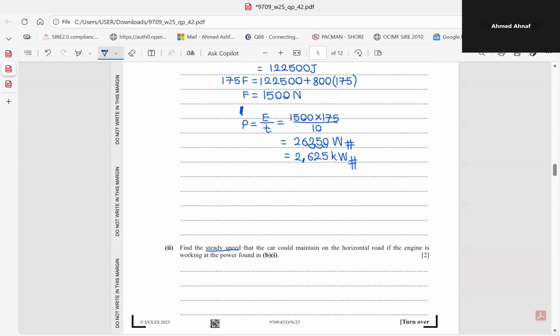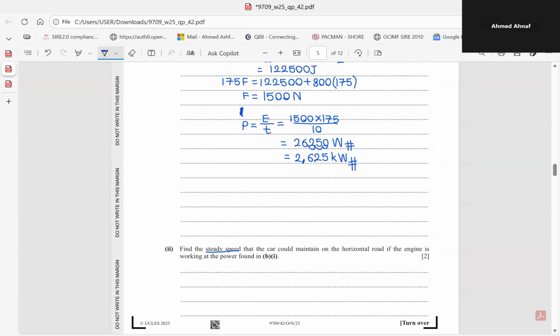So to maintain a steady speed, the force exerted by the engine has to counteract that force. So the engine can exert 800 newtons. That's when we'll reach the steady speed, or constant speed. It tells us to find the steady speed that the car could maintain on the horizontal road if the engine is working at the power found here. So basically at this power here.